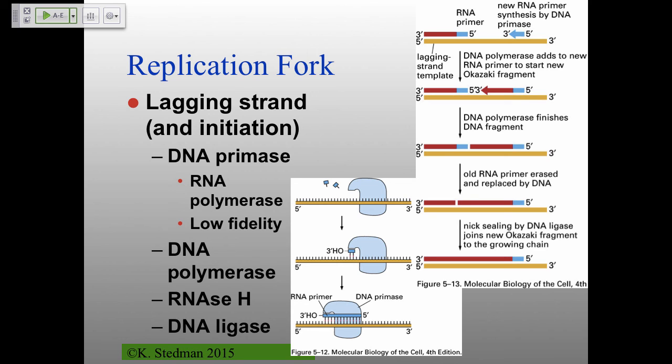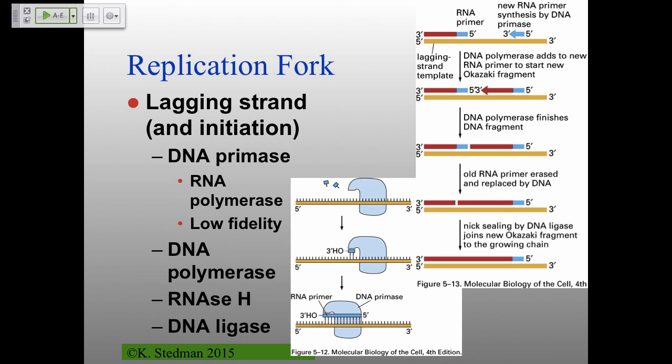Not such a big deal if you're talking about the leading strand, because that starts once and goes in. But if you're talking about the lagging strand, you need to start a whole bunch of times because it's a semi-discontinuous process. So where do you get that from? Turns out it's an RNA polymerase. So RNA polymerases can add nucleotides without a primer, whereas DNA polymerases need to have a 3' OH to extend.